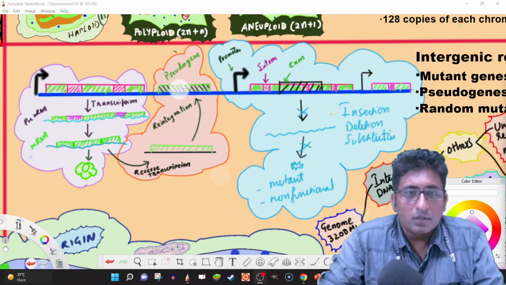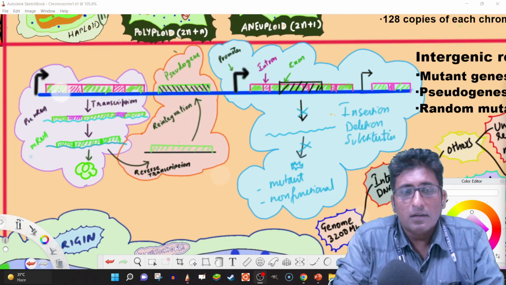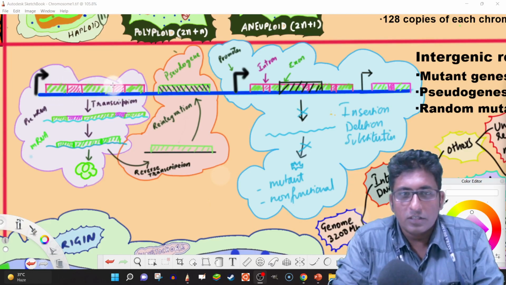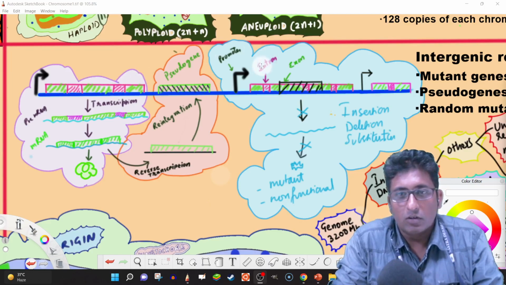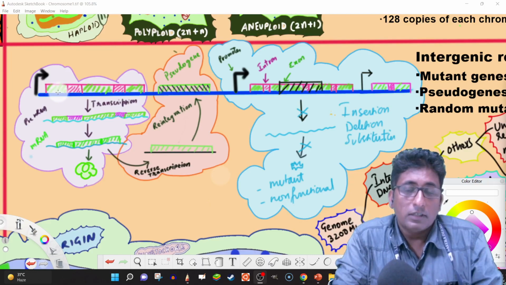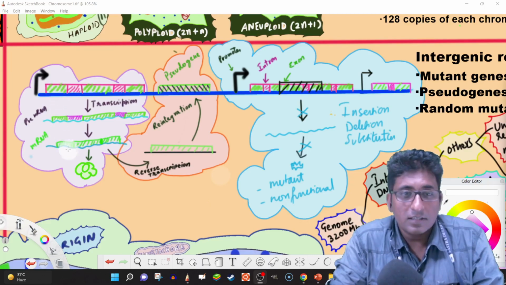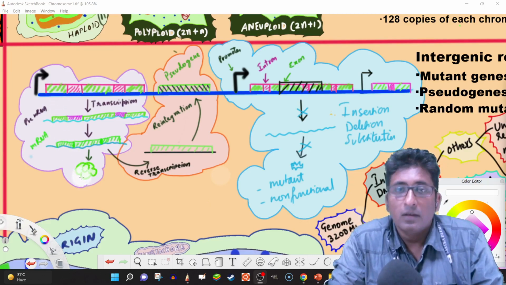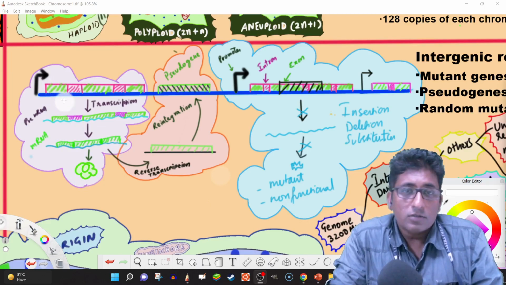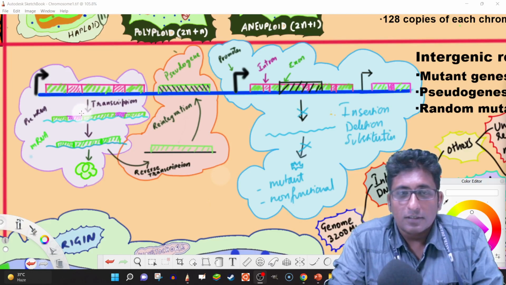The genes themselves are interrupted by certain regions that we call introns. The DNA sequences that result in production of a protein are called exons. So we'll try to see some more of those sequences and these mechanisms.